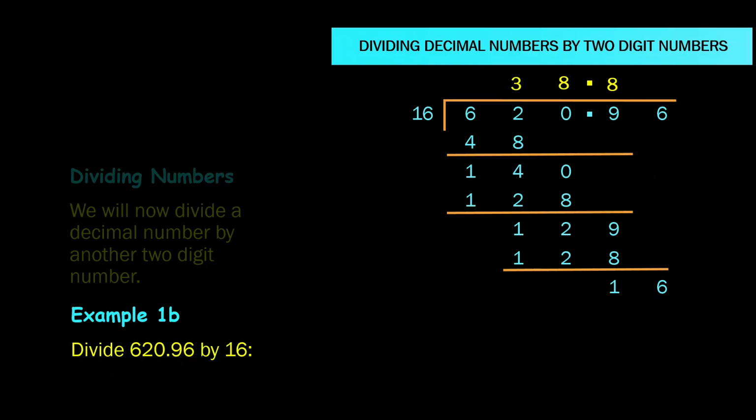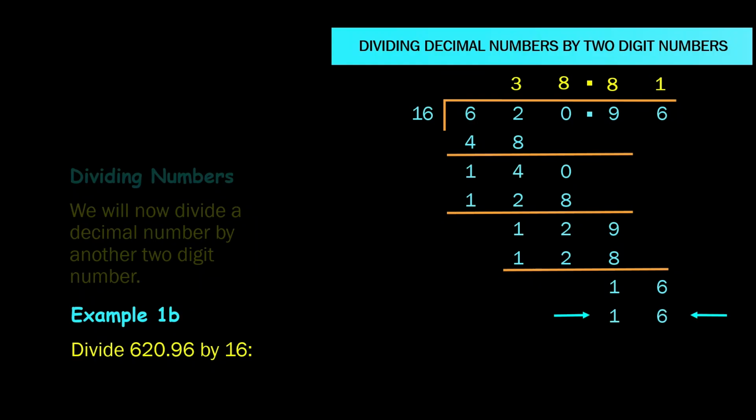And finally, how many 16s are in 16? Clearly, there is only 1. So we position the 1 here. 1 times 16 is 16.